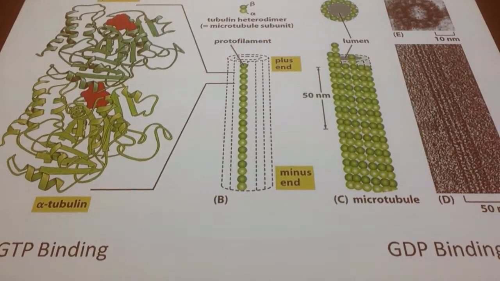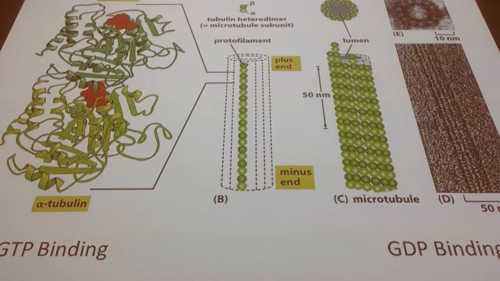We'll learn very quickly why the minus end for both types of cytoskeleton is more stable and doesn't enter into assembly and disassembly. But again, microtubules also have a plus end and minus end, and assembly and disassembly occurs mainly, not 100% of the time, but mainly at the plus end.